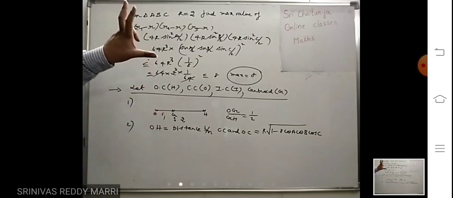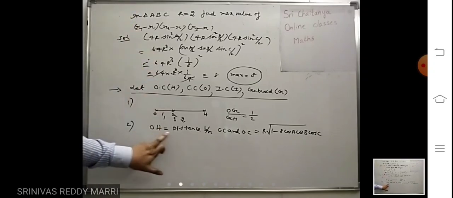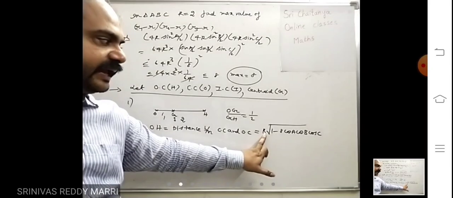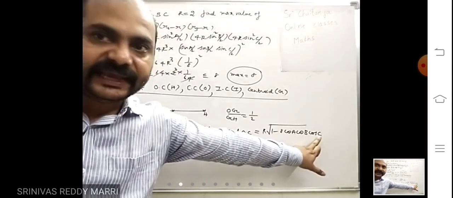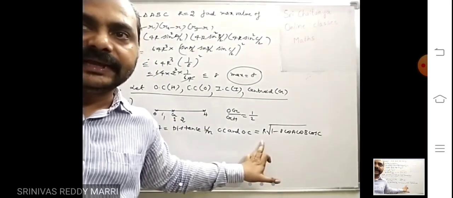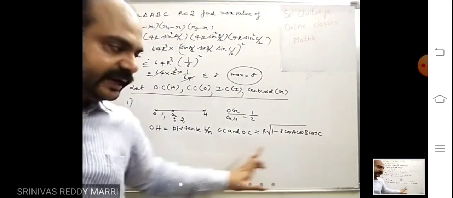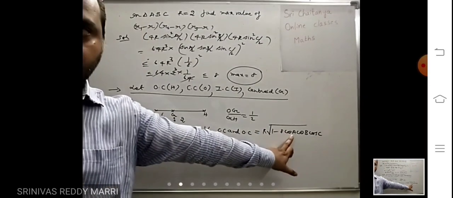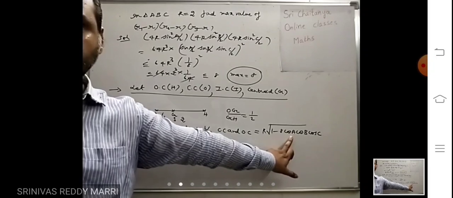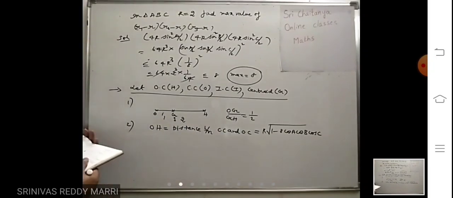Capital R is the circumradius and these are the angles. If the circumradius and the angles are given, you can calculate the distance between them using this formula. I will tell the proof. First note down the formula.